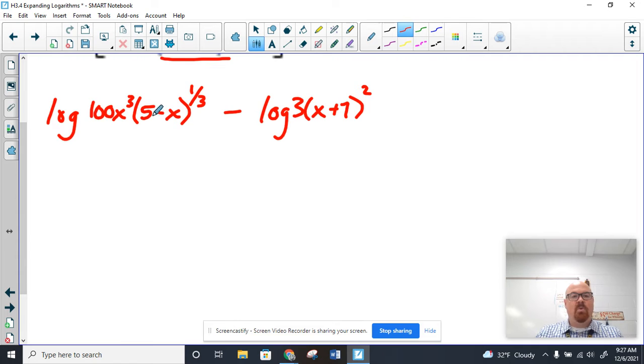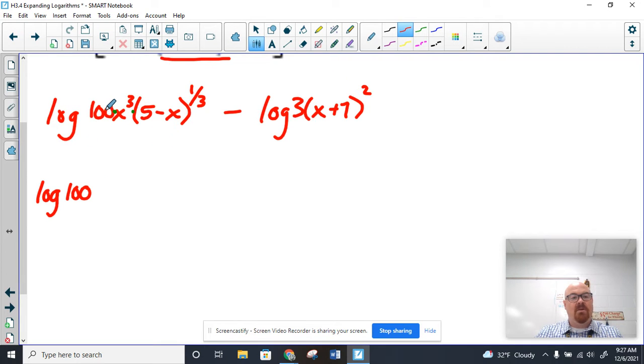So inside this one logarithm, there is a set of parentheses, but all of this is being multiplied together. So really we have 100 being multiplied times x cubed because they're pushed together, and then we have that with the parentheses here. So this is a product that has three separate factors, right? So we're going to take each one of those and assign them each to their own logarithm, where we turn this into a sum instead of a product.